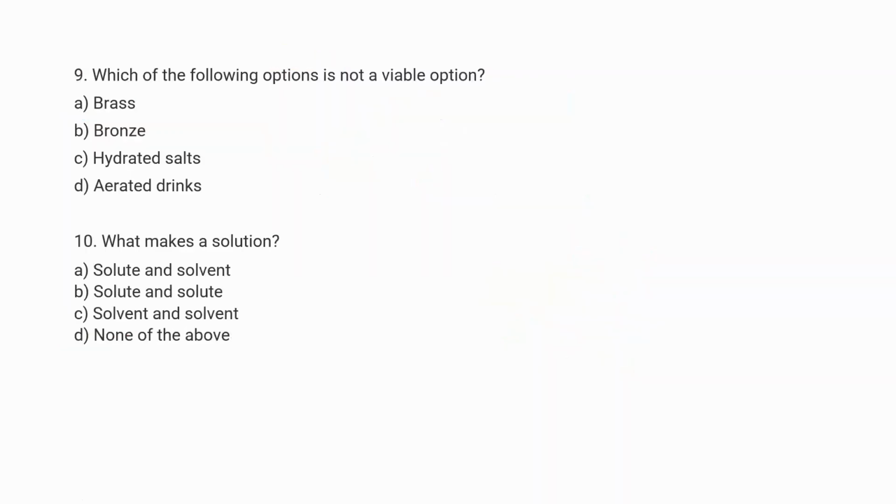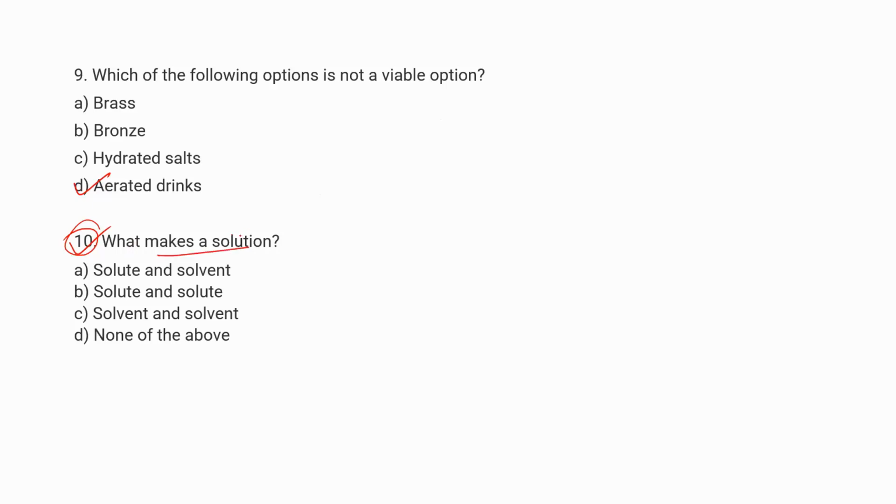So which of the following options is not right? I think this is totally out of content, that I didn't teach till now. The option will be D, this is acidic drinks. Okay, for question number 10, what makes a solution?